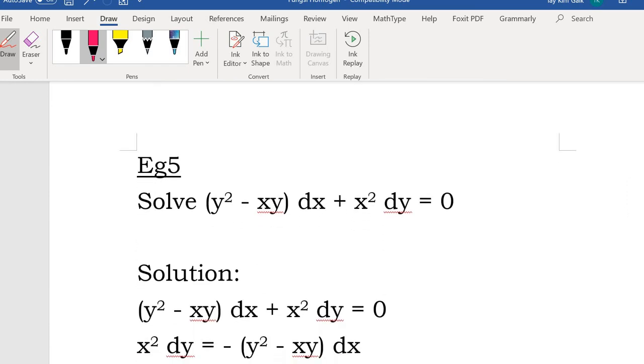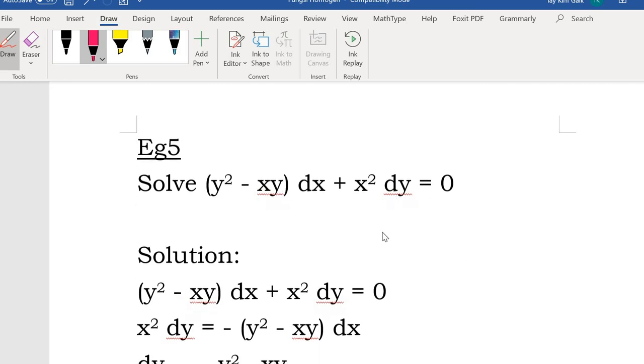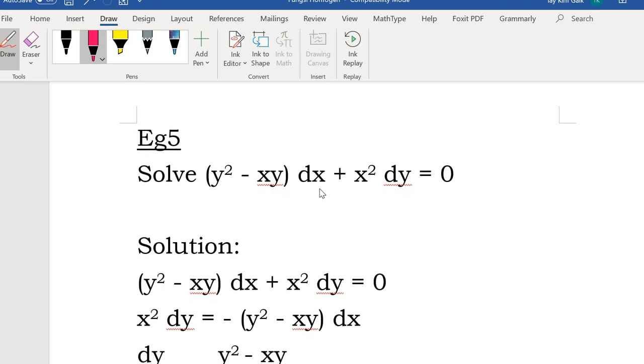In the previous example, you have the nice form dy dx is a function f of x, y. However, this one is in the differential form. So to put it in the form of dy dx, I divide each term by dx.